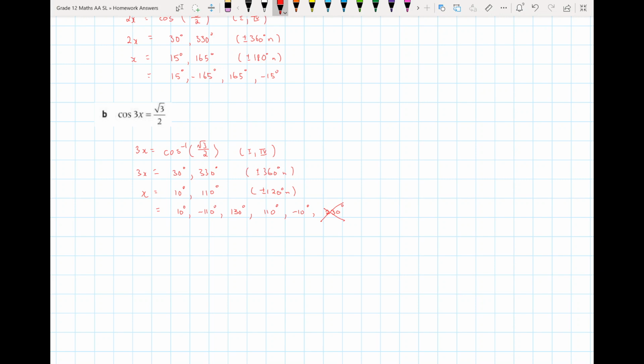So therefore, we will only have 5 solutions. So let's take that away. I seem to be forgetting one answer. And it's, sorry, I could also subtract this by 120 further. I didn't go all the way back. So there are our 6 answers.